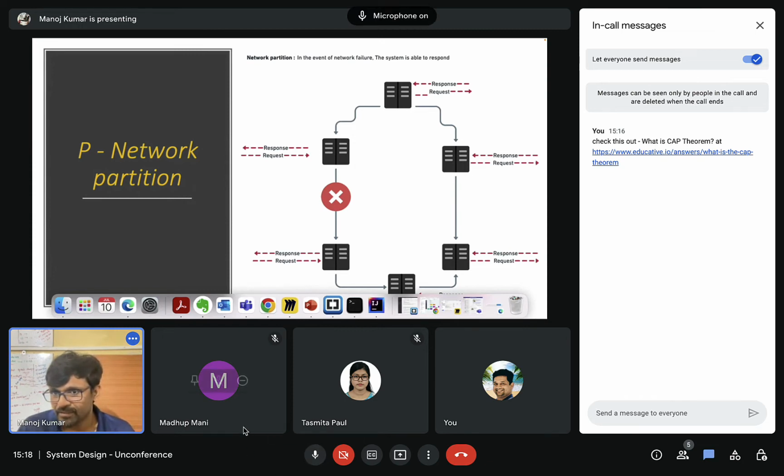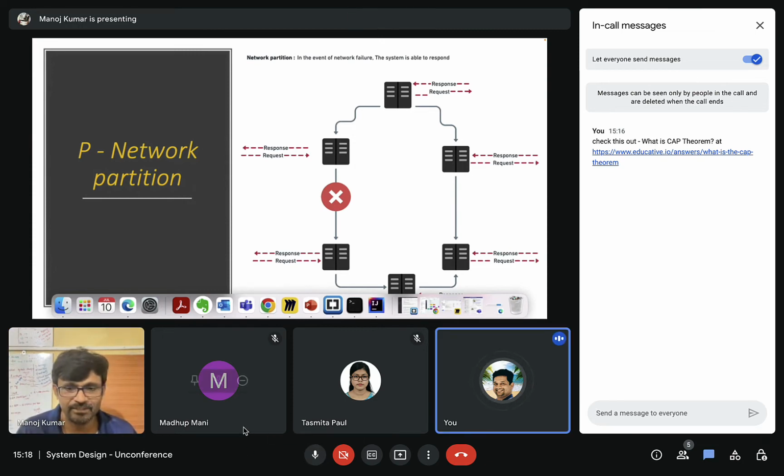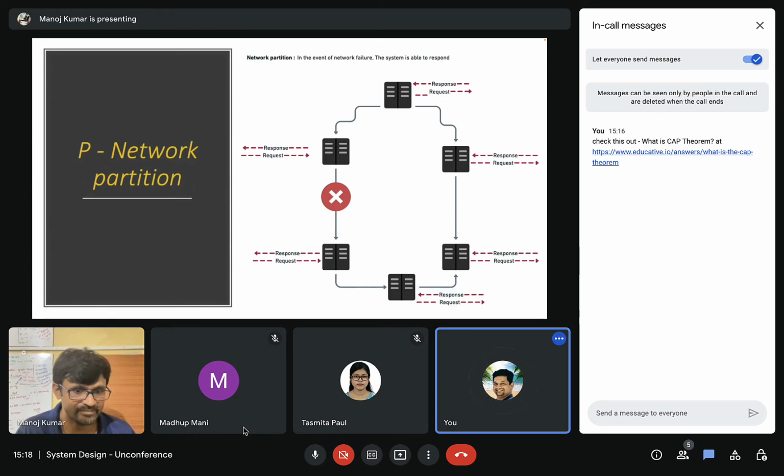So yeah, Manoj, one input here, and this is an important one. I have experienced this, and I expect everyone in a system design interview, for any question you are asked, the first thing you should do is use the CAP theorem to figure out what kind of system it is.